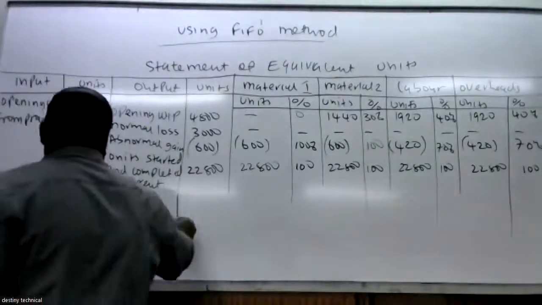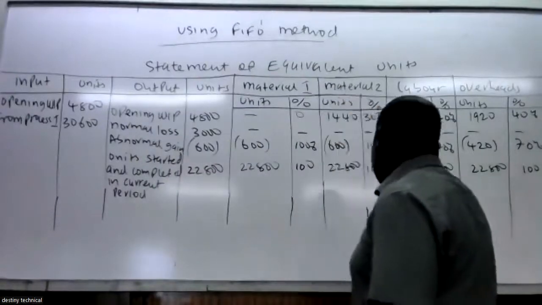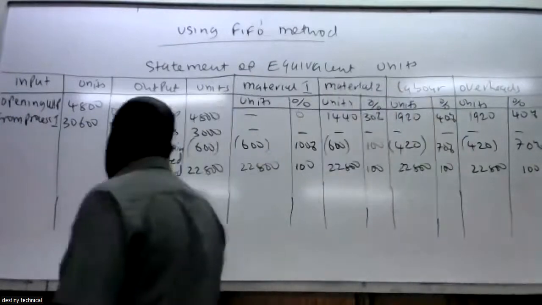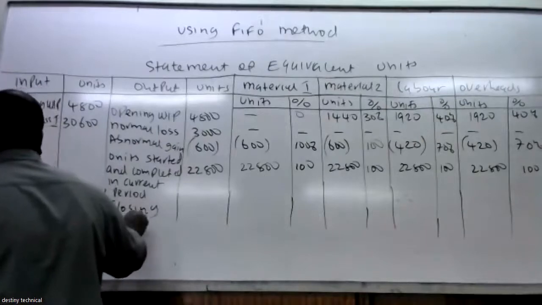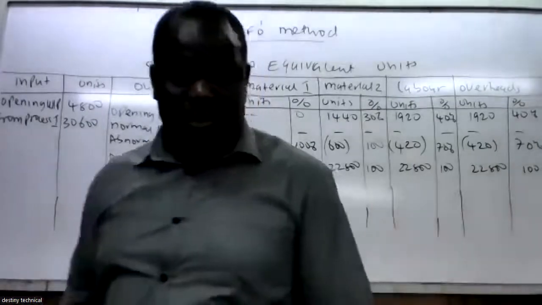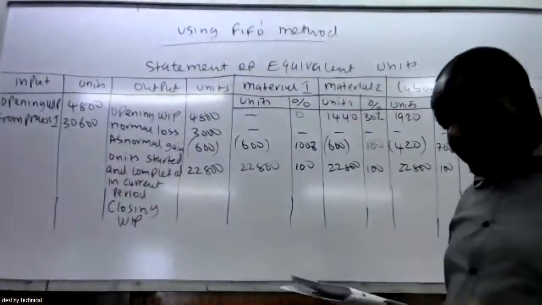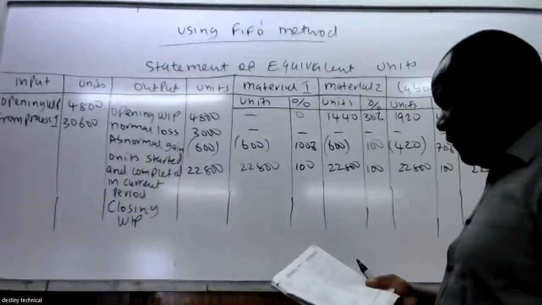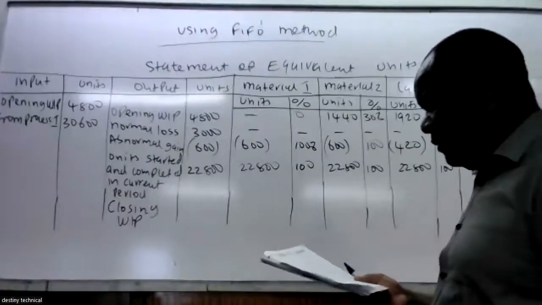Then apart from that, there is also the item of the closing work in progress. You are given the number of units in note number 4.